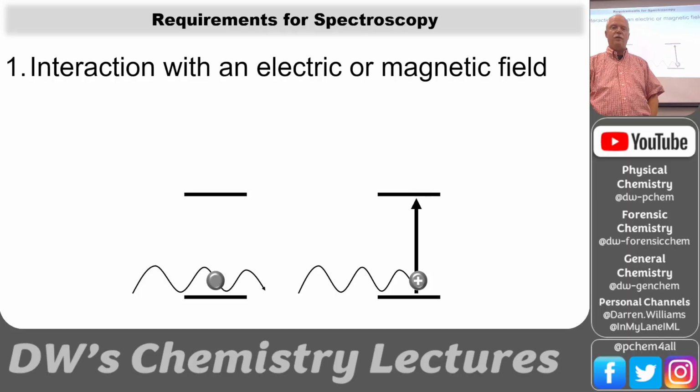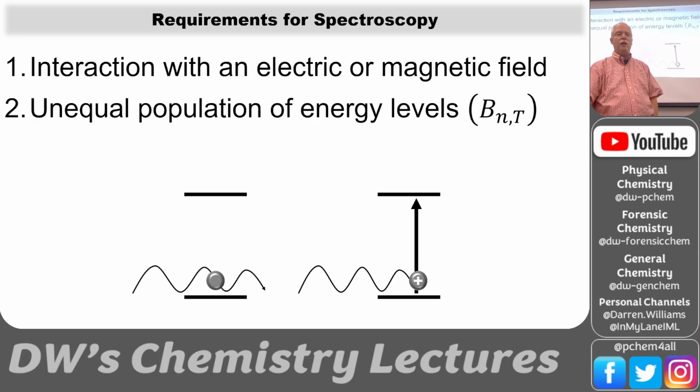So these are the requirements for spectroscopy. We have to have some interaction with an electric or magnetic field. Light has a magnetic moment too, about 1,000 of the strength of the electric field, but most of the time we're just dealing with the electric part of electromagnetic radiation. It has to have an unequal population of energy levels. That's the Boltzmann piece.